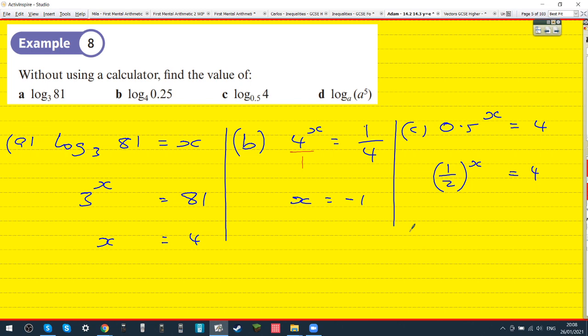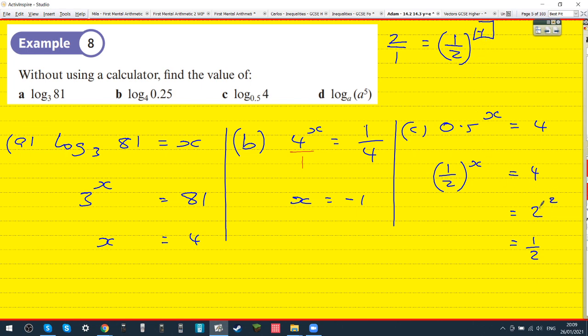Let's see. 4 is the same as 2 squared. 2 over 1 is equal to 1 over 2 to the power of what? -1.